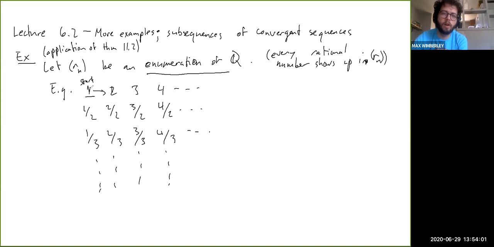So this would mean R1 would be 1, and then R2 would be 2, and then R3 would be 1/2, R4 would be 1/3, R5 would be 2/2, so 1 again, R6 would be 3, R7, or actually, let's say we go over instead, I think that's more natural. R7 would be 4, and so on. So we basically keep doing these diagonals, right?